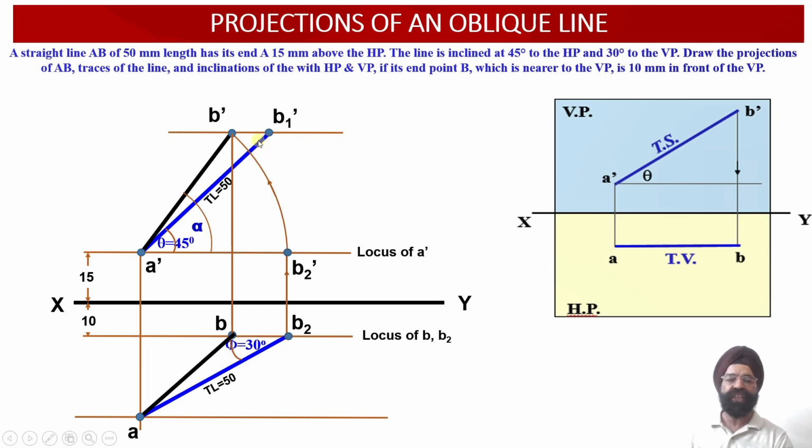So now here we can check. Here we have got true length of the elevation, A dash B1 dash. From the second point of the elevation true length, we are going to draw a vertical projector line in the downward direction and extend this vertical projector line up to the locus line of the first point of the plan projection view.